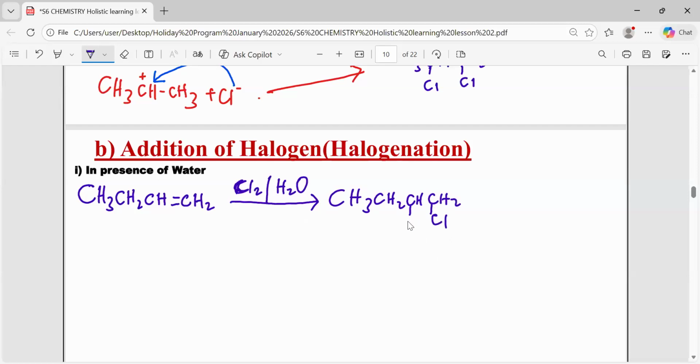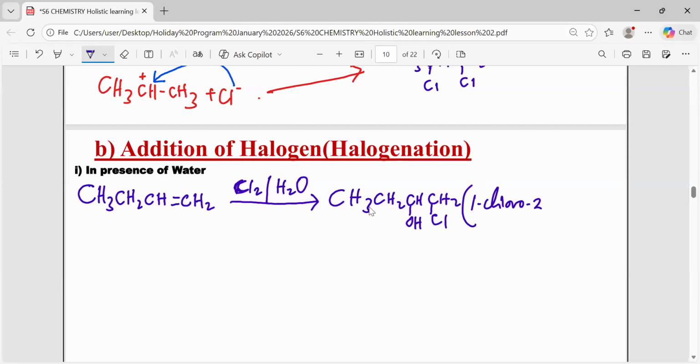Then on the second, OH. Which name is given to this compound? 1-chloro, butan-2-ol.